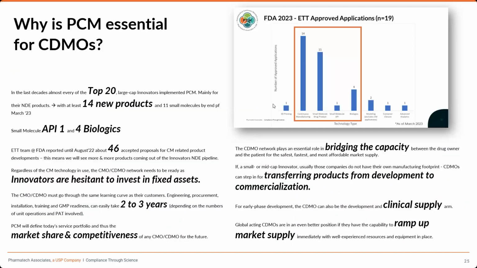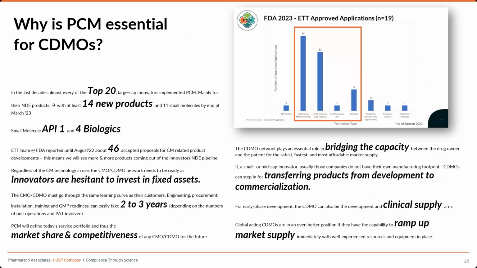And so I've just highlighted this here for the CDMOs out there listening to this talk. There is a big number, in this middle range, which I showed on my bubble chart, who are already talking to the ETT team, showing their cases.